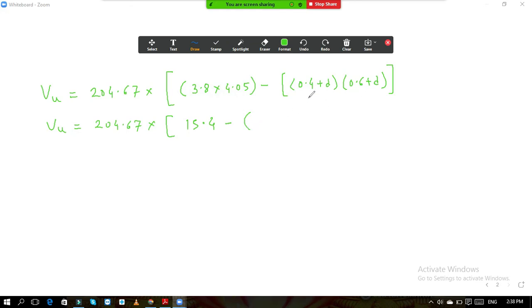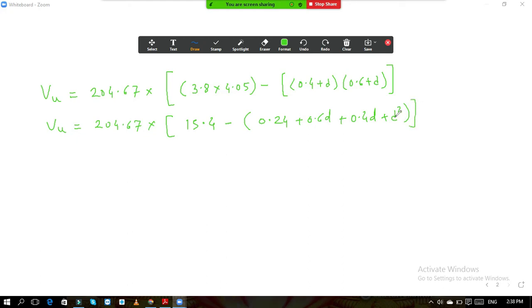So it is multiplied by 0.6 into 0.4. 0.4 into 0.6. So it is 0.24. Then 0.6 into this, then plus 0.6 D. Then multiply by D plus 0.4 D. Then again multiply by D plus D square.